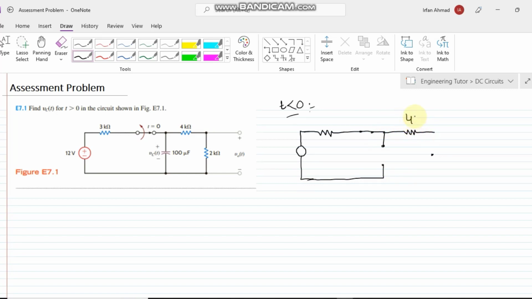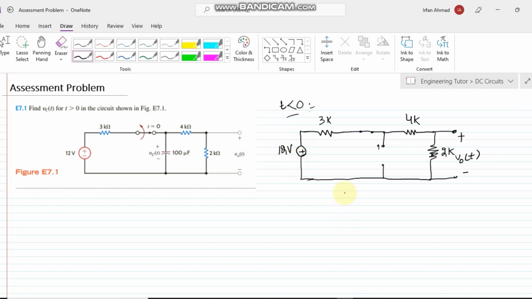This is our 4 kilo ohm, and similarly this voltage here is basically V0 of t, that is plus minus, and this is 2 kilo ohm, and this is the open circuit, this is the 3 kilo ohm resistor, and that is the voltage source of 12 volts.